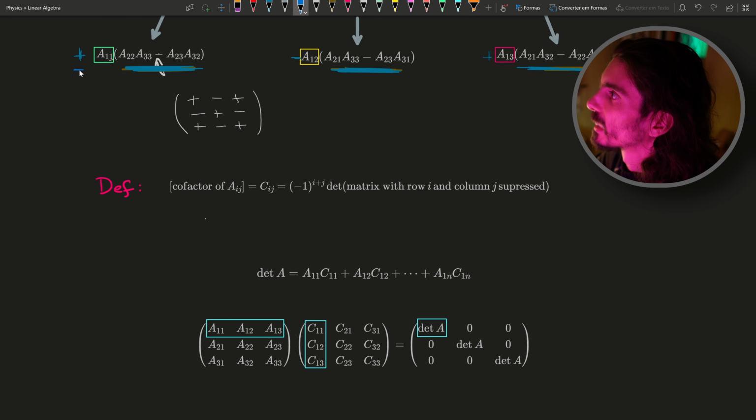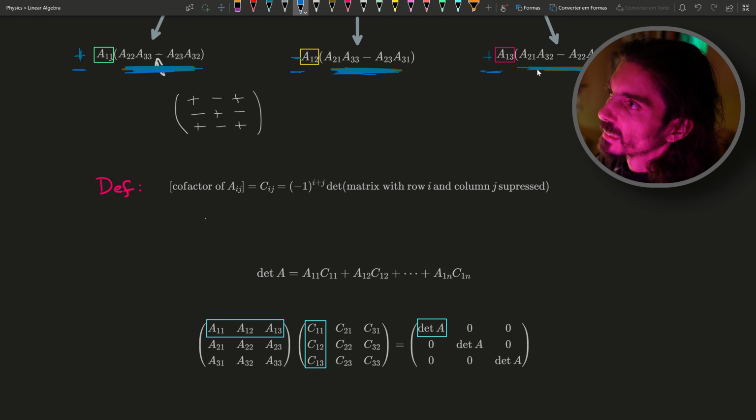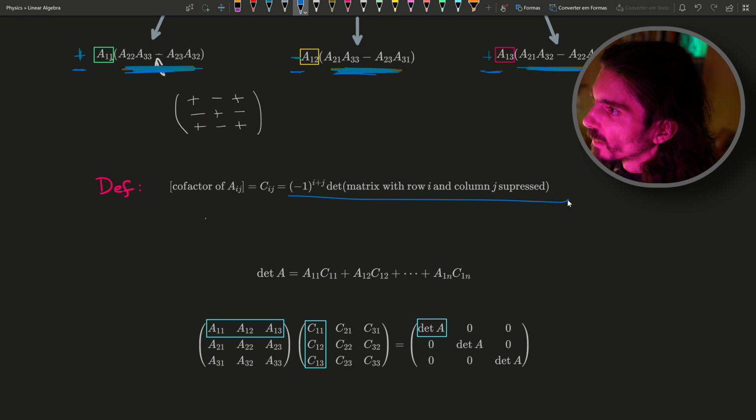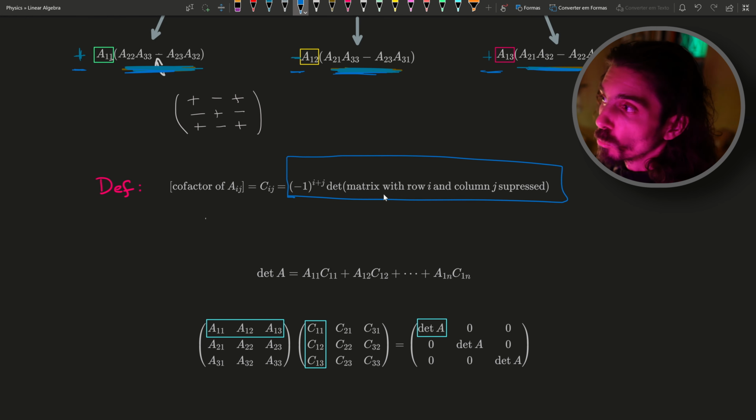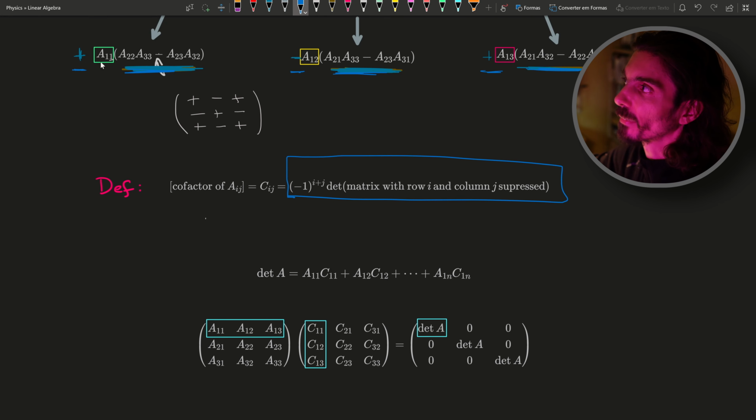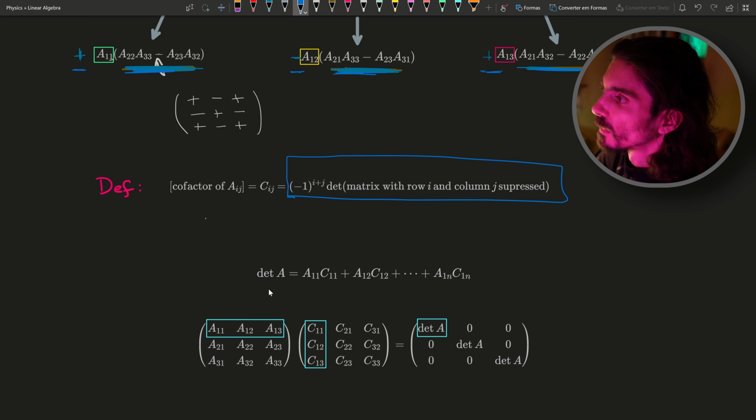So essentially, the sign times this thing, the sign times this thing, and the sign times that thing is what you find here, which must now be multiplying the entries that you choose on the first row. And in conclusion, the determinant of A is just: look at the first row.